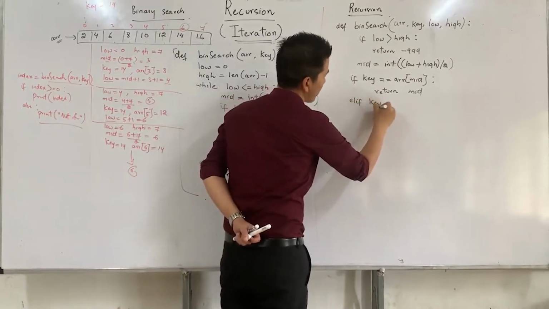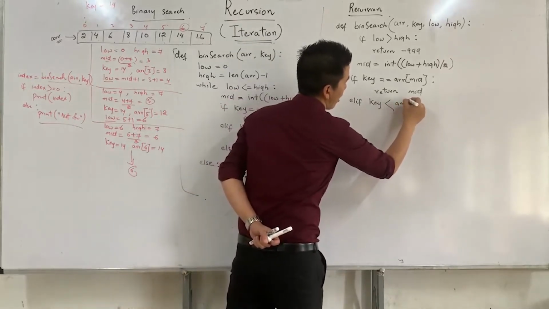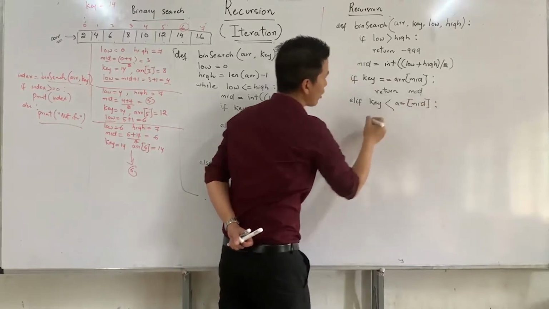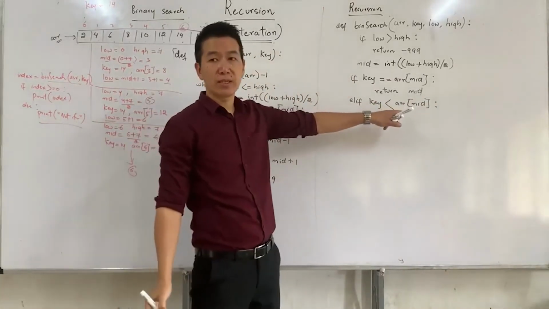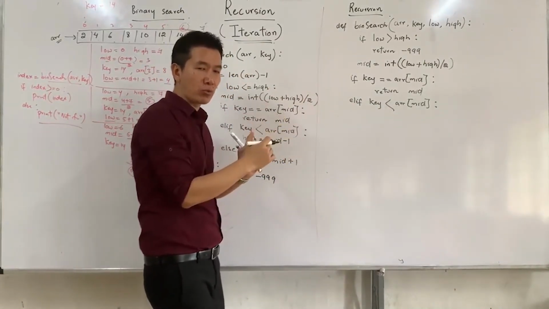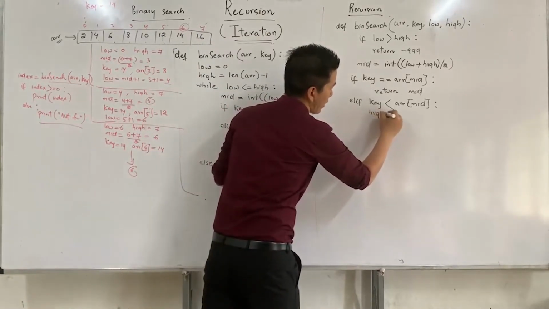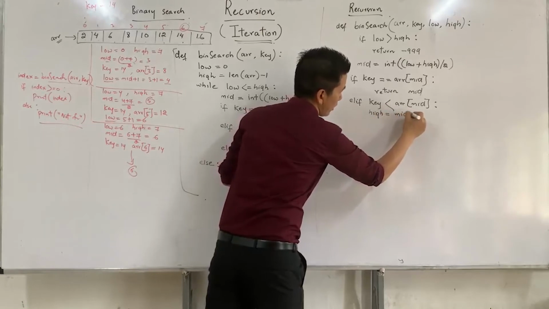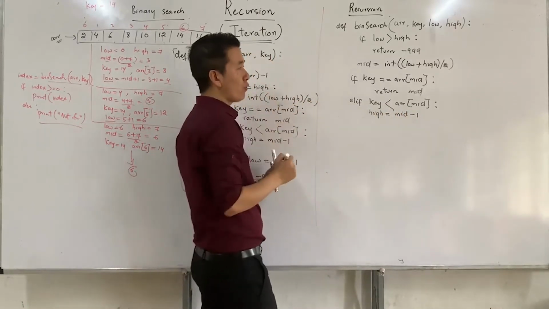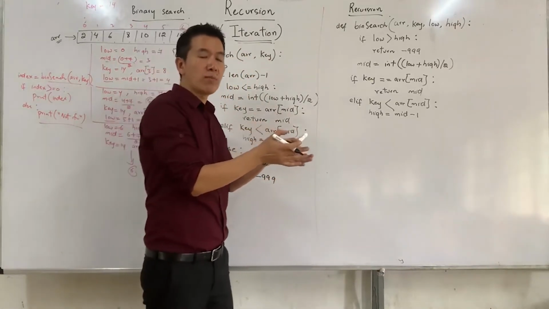And then if the value of key is less than the value of ARR of mid, if the key is less than the middle element, we then need to change the value of high to mid minus 1. Remember? So what I do here is I write high is equal to mid minus 1, and then more importantly call the function all over again. That's when the recursive call comes into the picture.